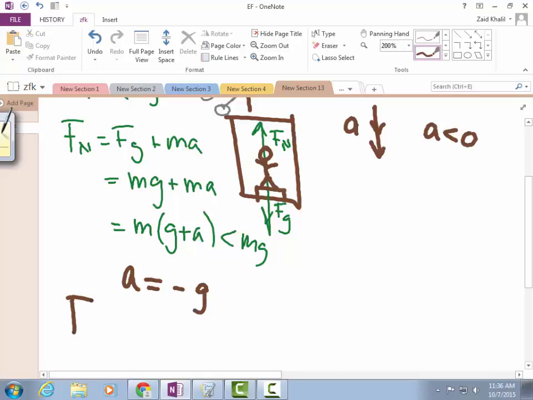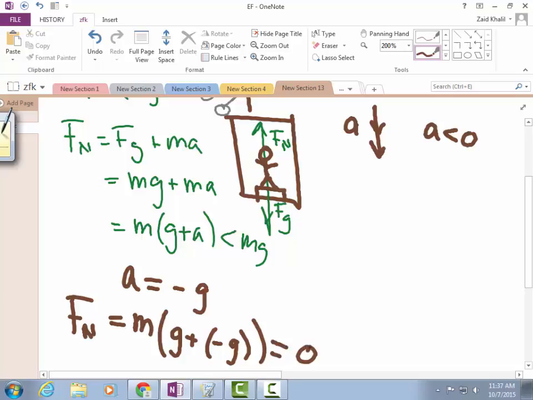I look down at the scale, and it reads m times g plus negative g, which is 0. In other words, what do I feel? I feel weightless. This is called apparent weightlessness.